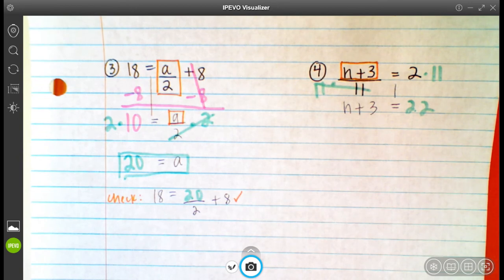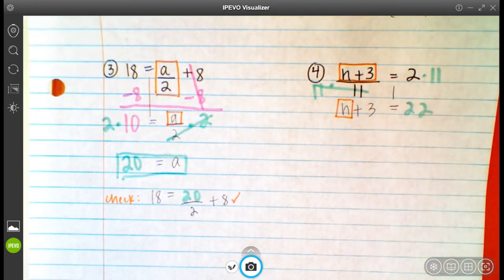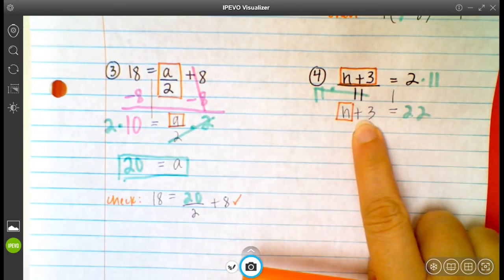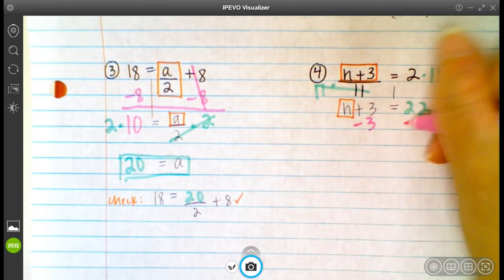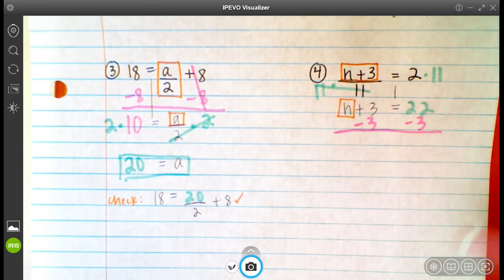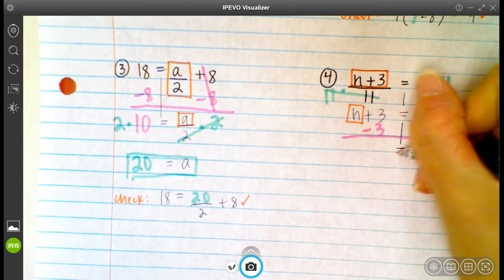Now to finish this guy up, we need to get n completely by itself. So to undo addition, we use subtraction, on both sides of my equal. Again, we'll bring this guy down.